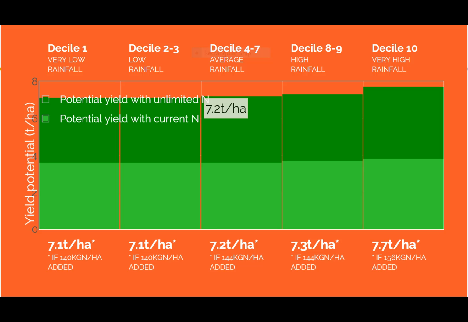So here the yield potential is given with current nitrogen and with unlimited nitrogen, and this gives the figure for different levels of rainfall.